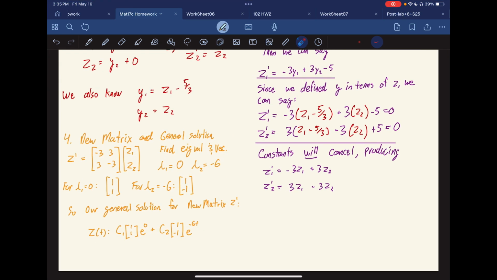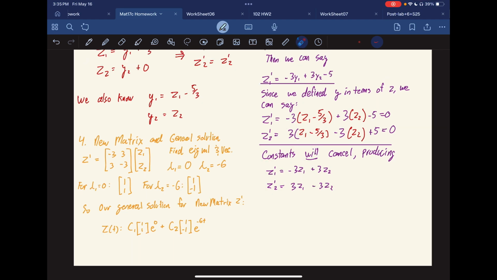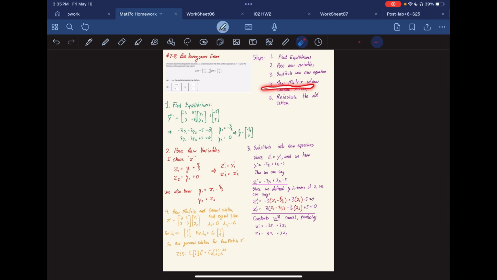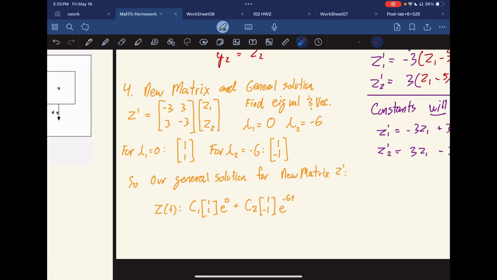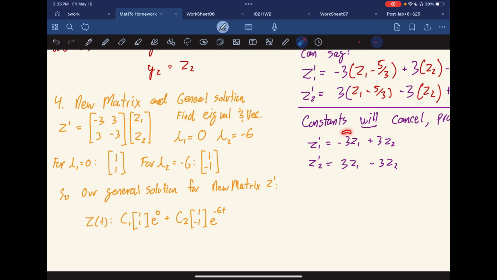And yeah, you have this system of the derivative of z1 and the derivative of z2. And once again, this looks just like a matrix. And that's exactly the next step. Number 4, new matrix with new general solution. Here's our new matrix. It's directly received from our new system of z's.